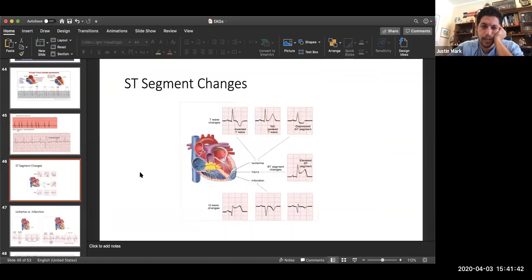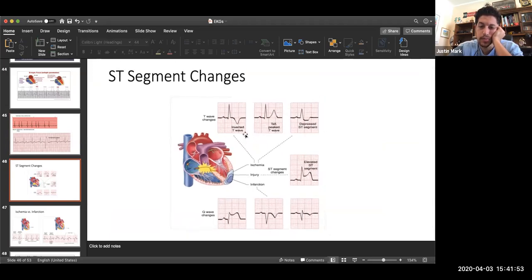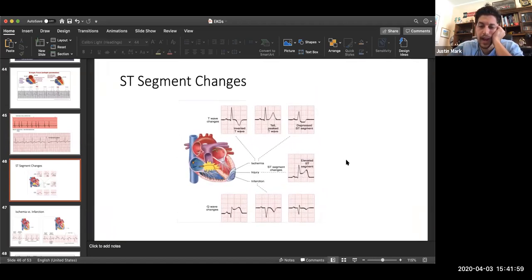Okay. Now we get into the ST segment changes. We have to differentiate ischemia versus infarction. Just to say it again, ischemia just means a particular area is not getting blood and therefore oxygen. And of course, there's a very small window of time before we have permanent death of the tissue. When we have ischemia going on, we see inverted T waves.